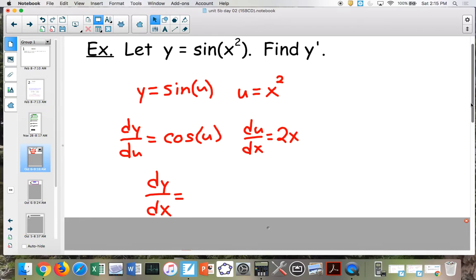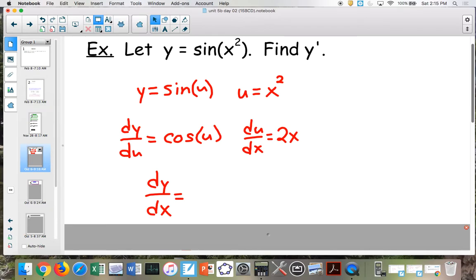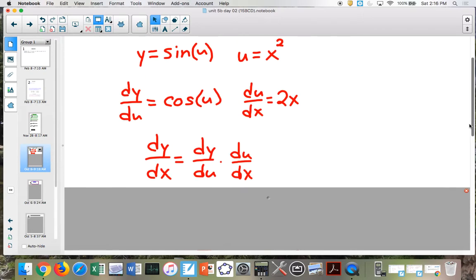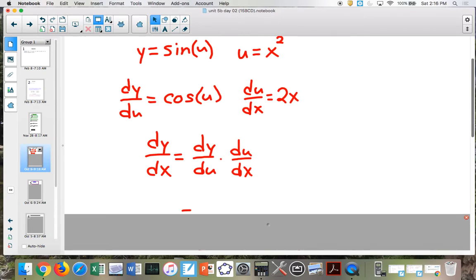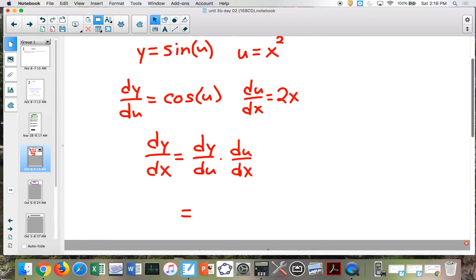if I want to find dy dx, which is the derivative of y, then I'm going to have to do the derivative of y with respect to u times the derivative of u with respect to x, which I've just calculated. So dy du was the cosine of u, and du dx was 2x.